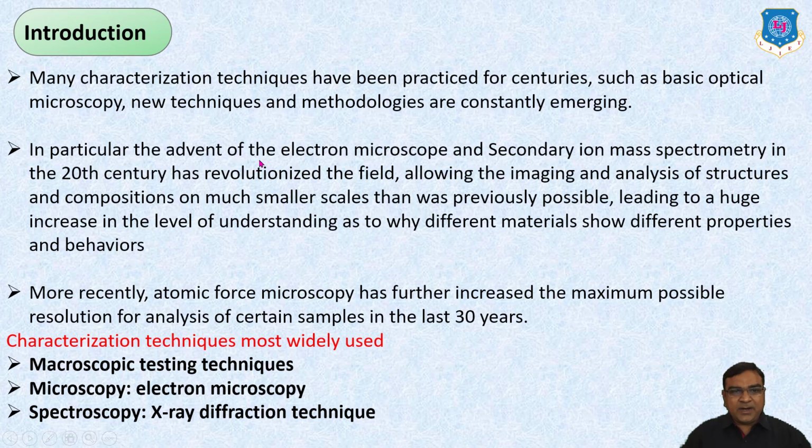In particular, the advent of the electron microscope and secondary ion mass spectrometry in the 20th century has revolutionized the field, allowing the imaging and analysis of structures and composition on much smaller scales than was previously possible, leading to a huge increase in the level of understanding as to why different materials show different properties and behaviors. More recently, atomic force microscopy has further increased the maximum possible resolution for analysis of certain samples in the last 30 years.